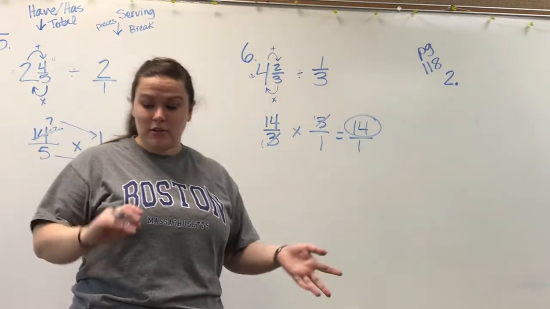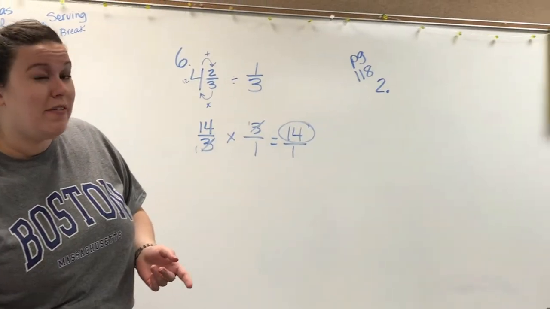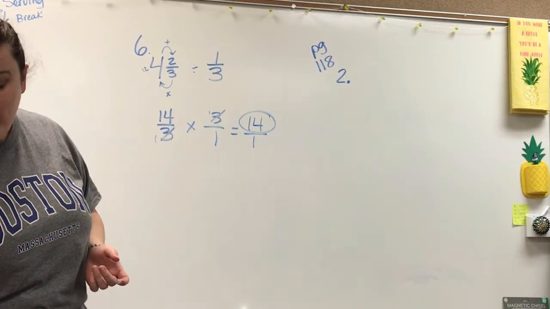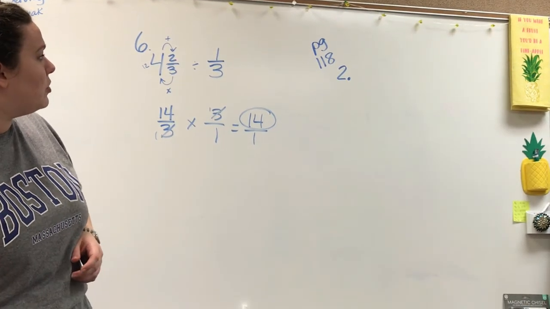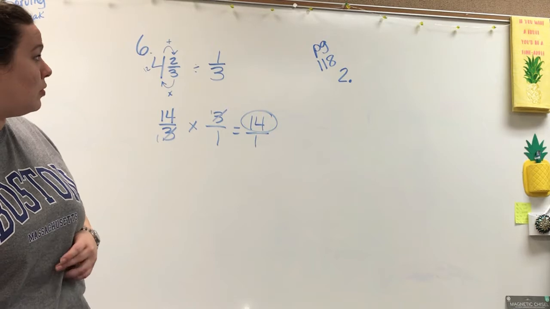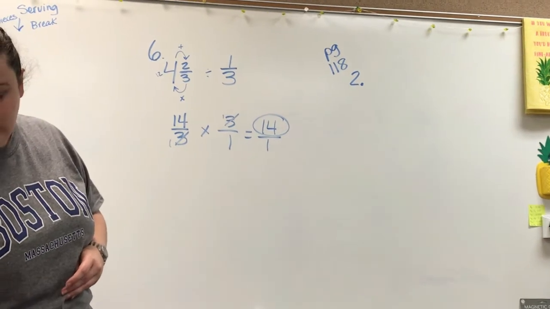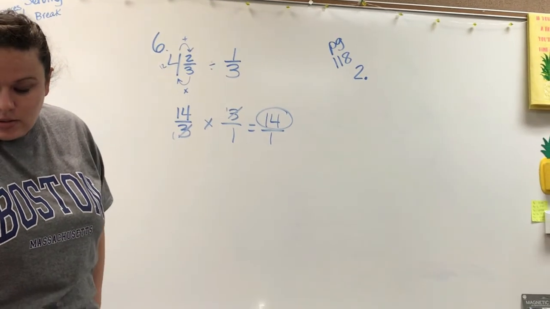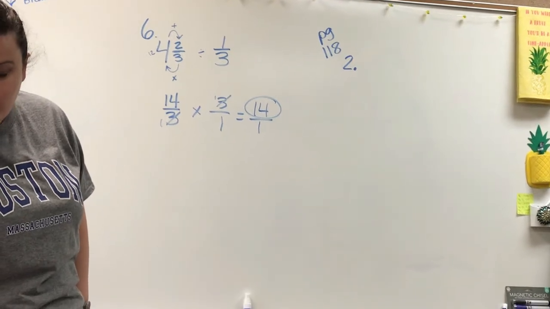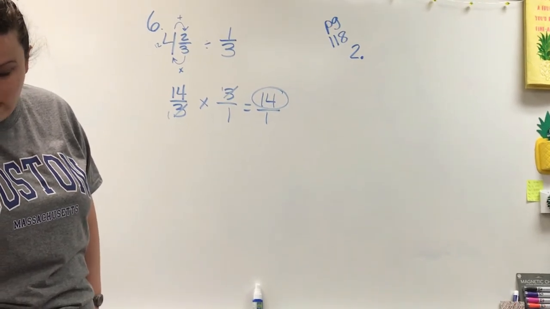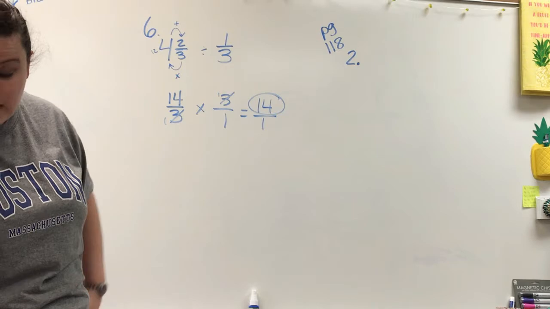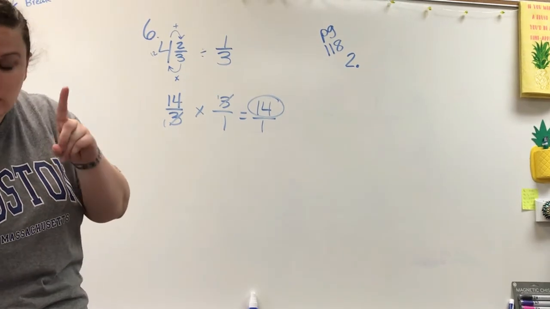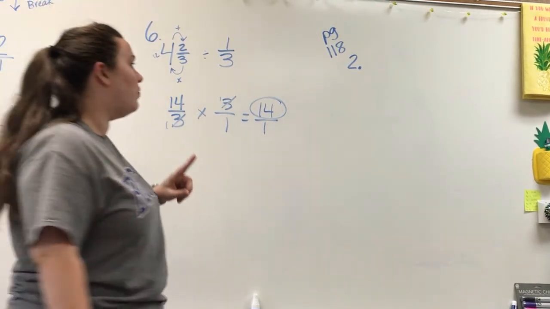Okay, normally I don't have you flip pages and stuff, but I feel like we need an extra practice. So we're going to move to practice number 2 on page 118. And on this it says a box of crackers weighs 11 1/4 ounces. Hayden estimates that a serving, keyword, a serving is 3/4.